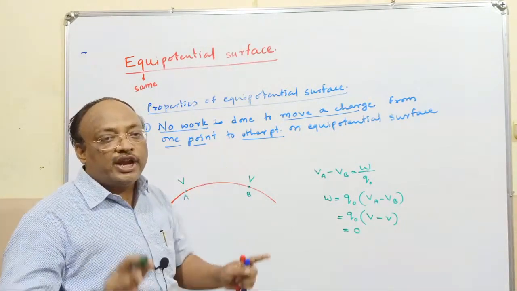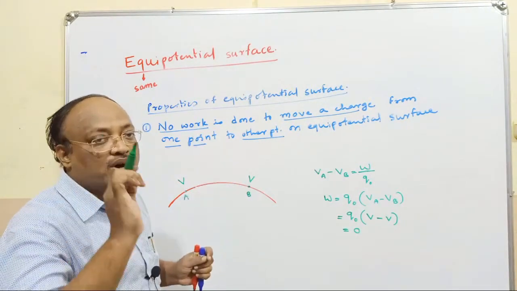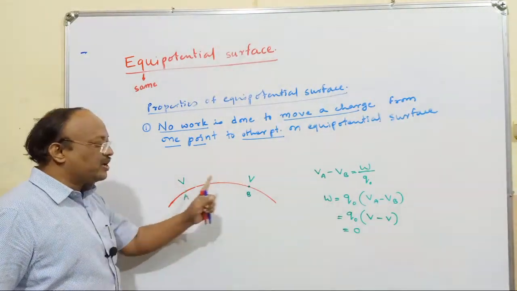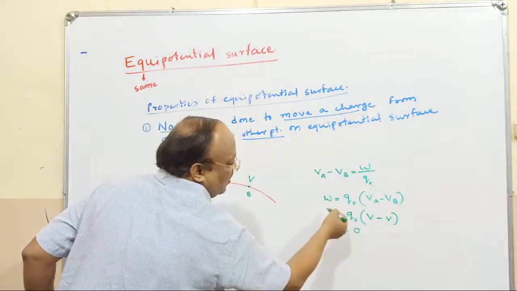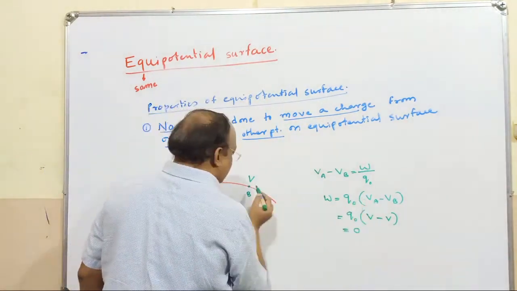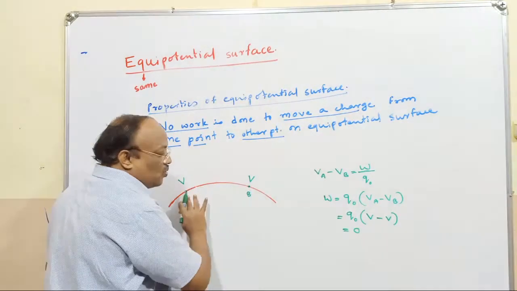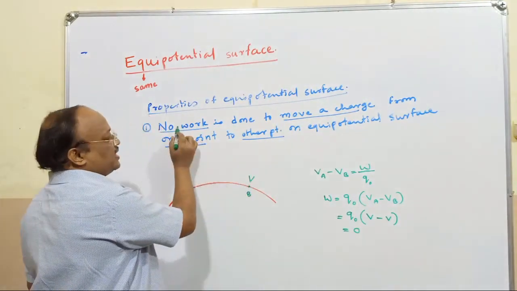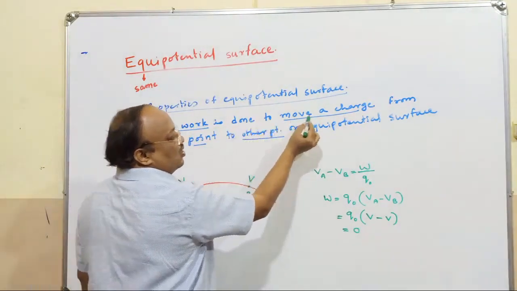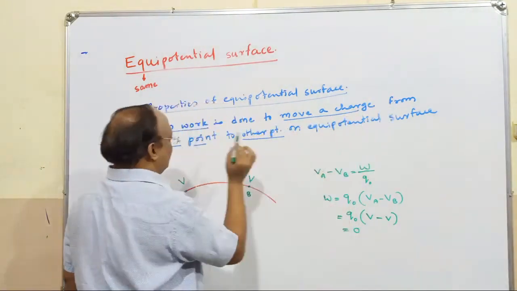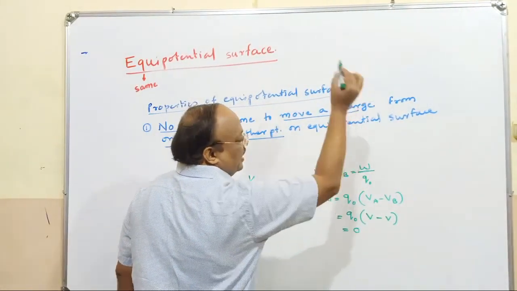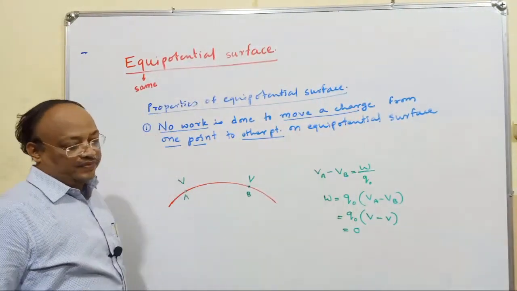Since there is no potential difference, no need to do any work there. That is our first property: no work is done to move a charge from one point to another point on the equipotential surface.